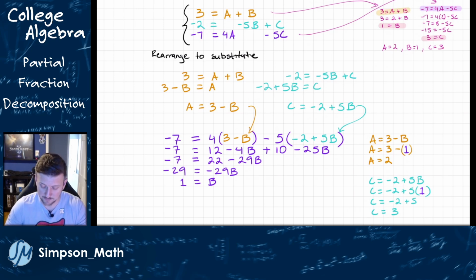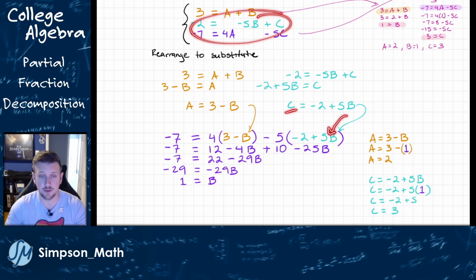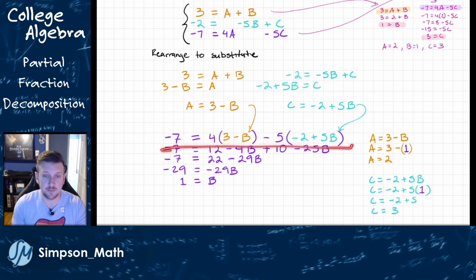So I solved the top equation for A, plugged it into the purple equation, solved the second equation for C, plugged it into the purple equation. Now I have one big equation with just my B unknowns. That's cool.